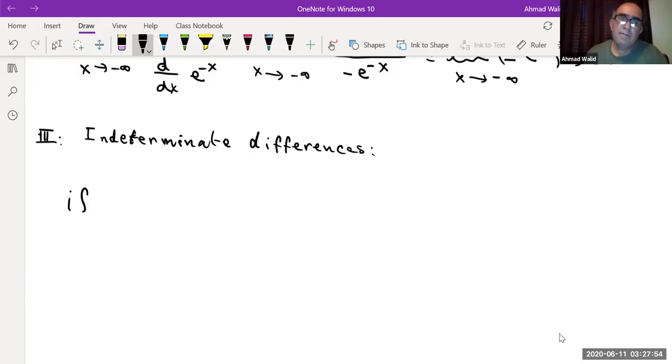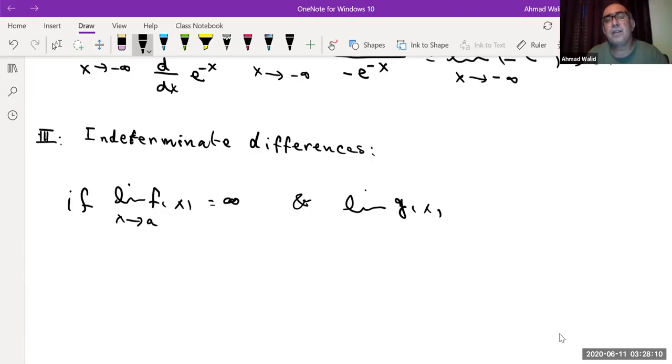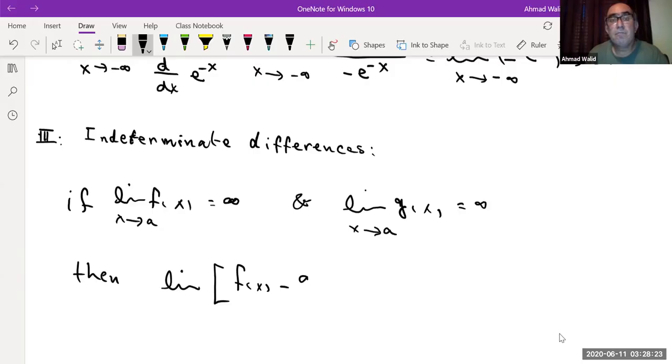Look, if we have f of x, the limit of f of x as x approaching a gives you infinity, and the limit of g of x as x approaching a also gives you infinity, then if you have the limit of f of x minus g of x as x approaching a, definitely it gives you infinity minus infinity, which we call the indeterminate form of the indeterminate differences, correct?